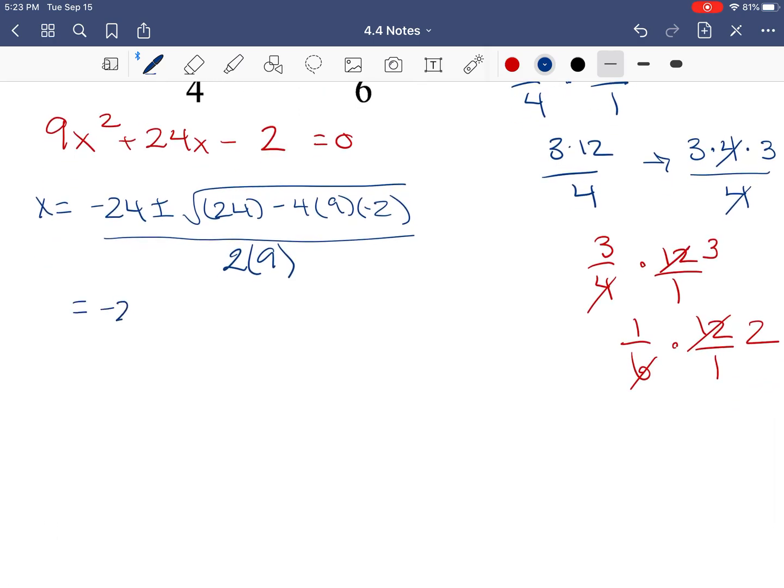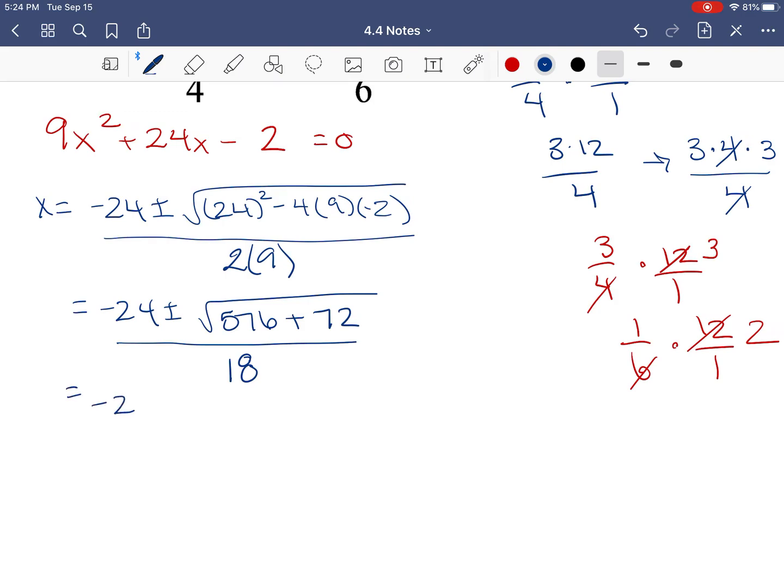Negative 24 plus or minus the square root of b squared, 24 squared, 576, plus 4 times 9 is 36, times 2 is 72, all over 18. So negative 24 plus or minus the square root of 648 over 18.